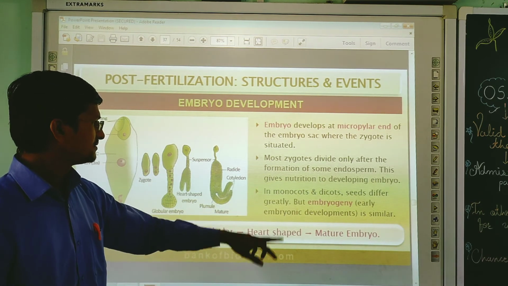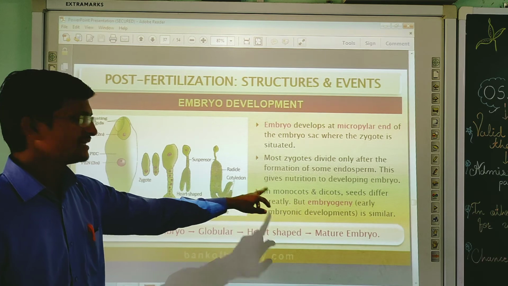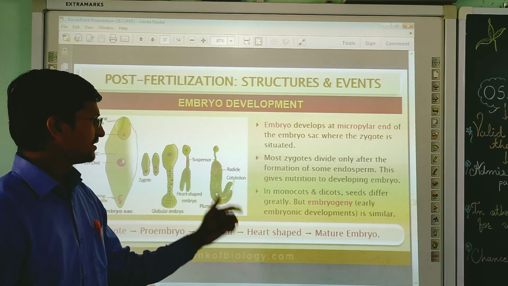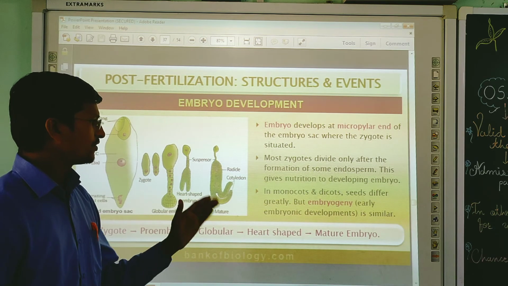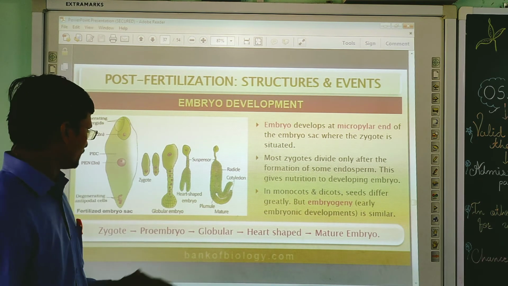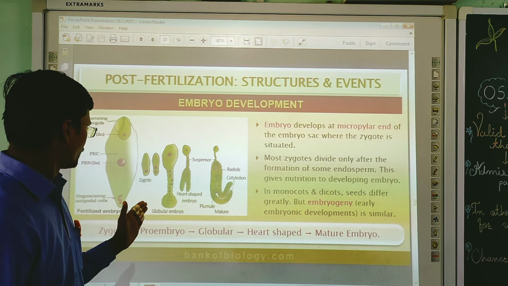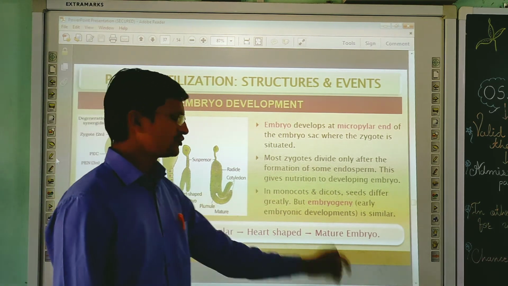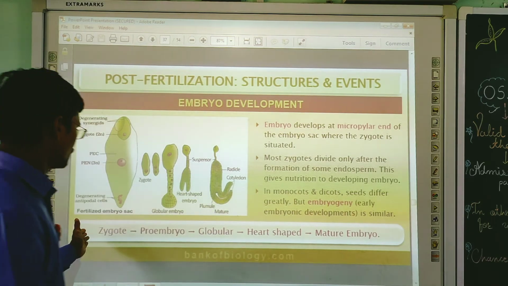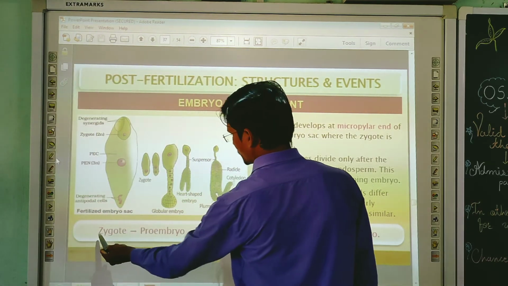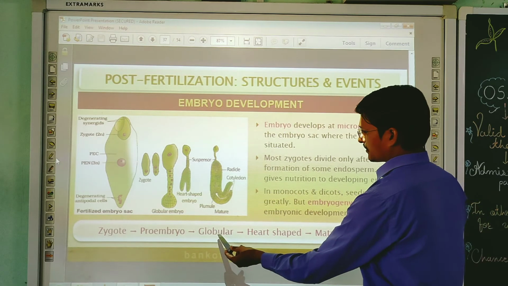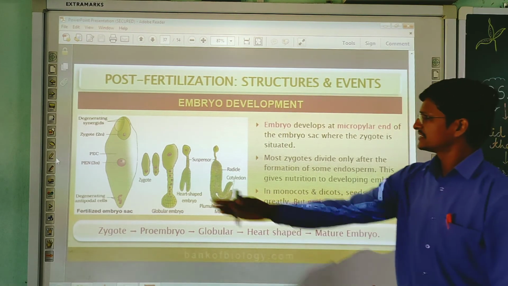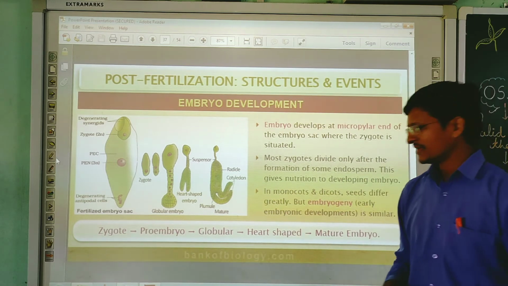Seeds differ greatly between monocots and dicots, but embryogeny, that is early embryonic development, is similar. Here the stages are zygote, pro-embryo, globular, heart-shaped and mature embryo. Just understand these steps: zygote, pro-embryo, globular, heart-shaped and mature embryo. This is the whole process of embryonic development.